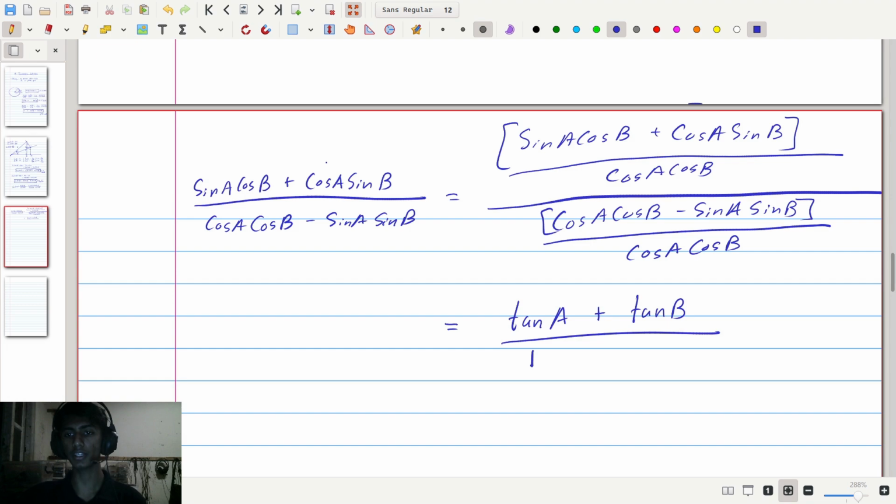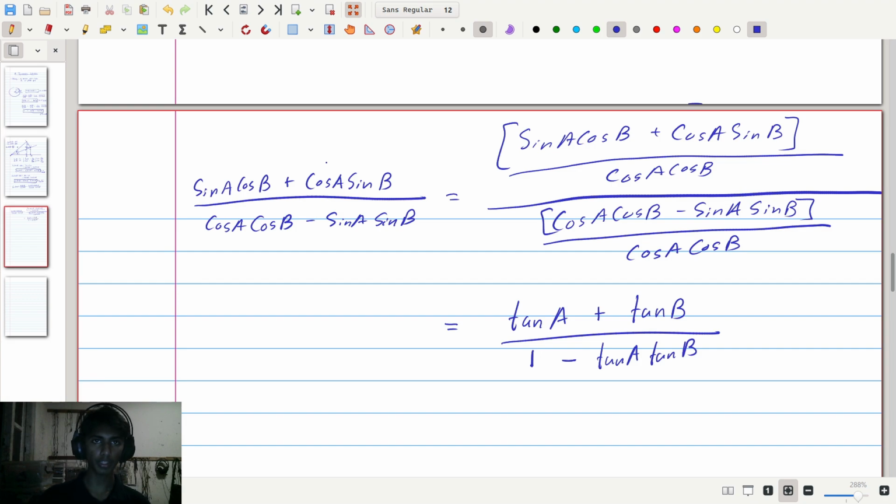So we have 1 here, minus, and then we have sine of A sine of B divided by cosine of A cosine of B. So dividing sine of A by cosine of A will give us tangent of A, and dividing sine of B by cosine of B will give us tangent of B. These of course need to be multiplied by each other because we have sine of A times sine of B divided by cosine of A times cosine of B. So then what we will get in the end is tan of A times tan of B here.